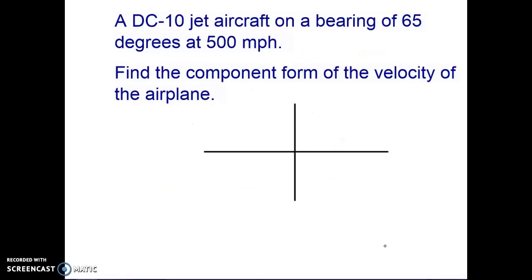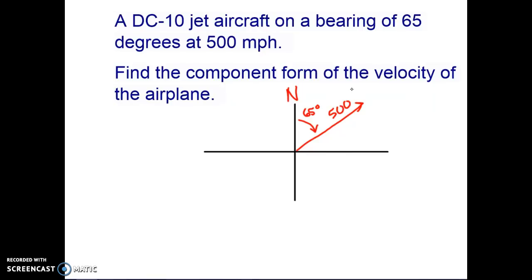So let's just take a look at this aircraft on a bearing of 65 degrees. Whenever it just says bearing, that means that we are coming from the north. This is 65 degrees. When we're putting it in component form, however, we're going to use the speed, which is 500 miles per hour.